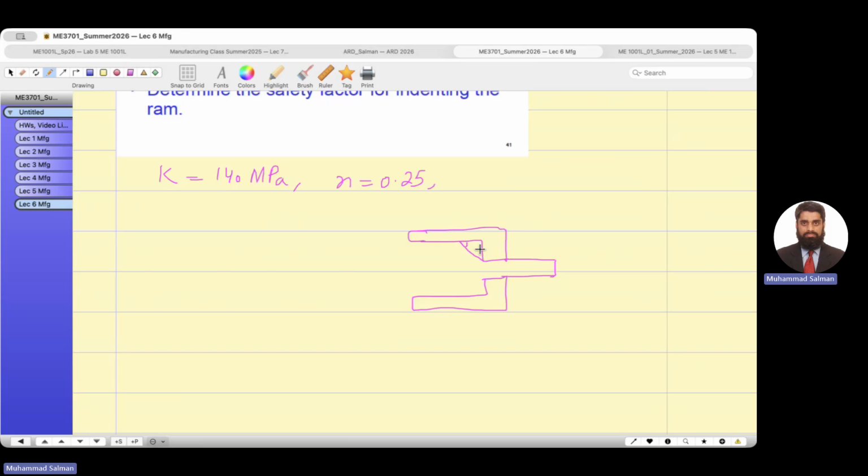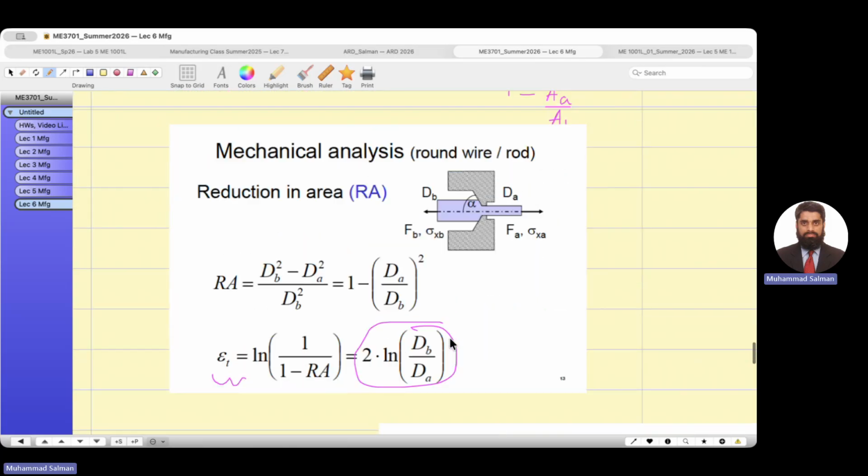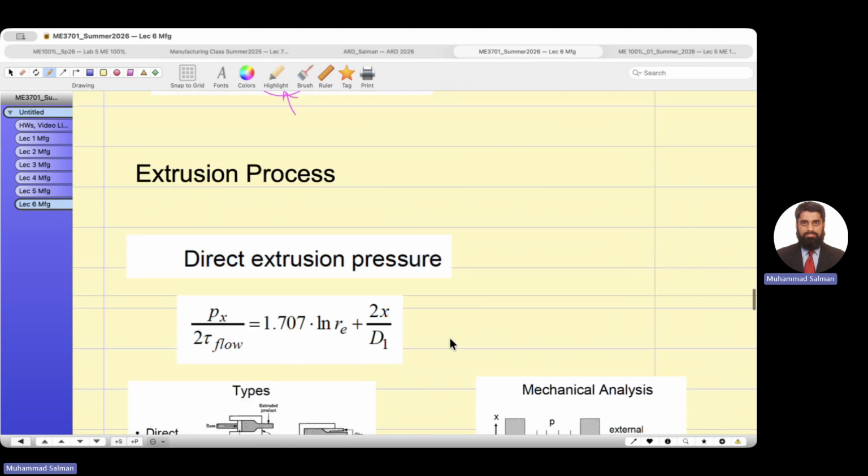This angle is a 45, 45, 90 triangle, because the maximum shear happens at 45 degrees. So it will break at 45 degrees, and this is my billet, the complete billet. And this is the external friction length, which we call X. You need that X in our formula.